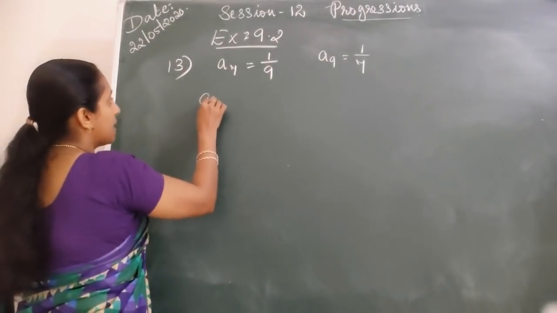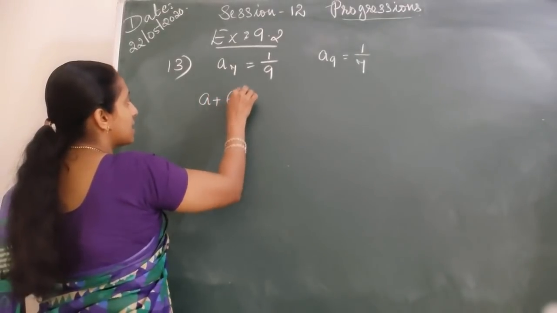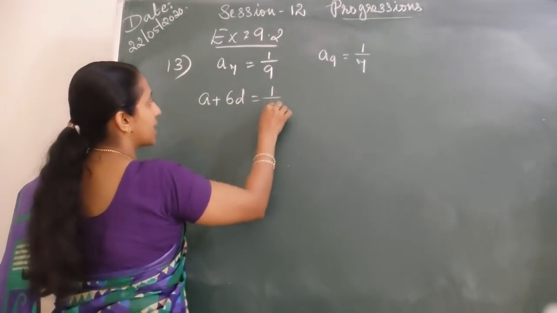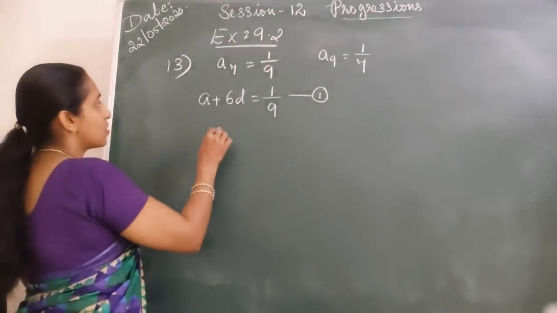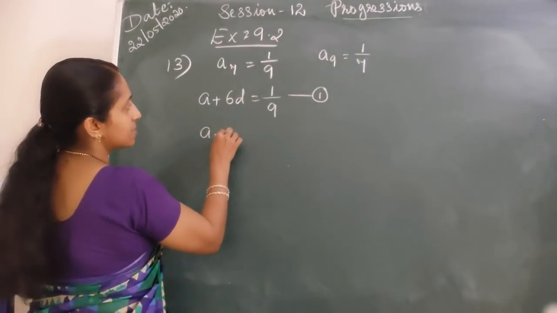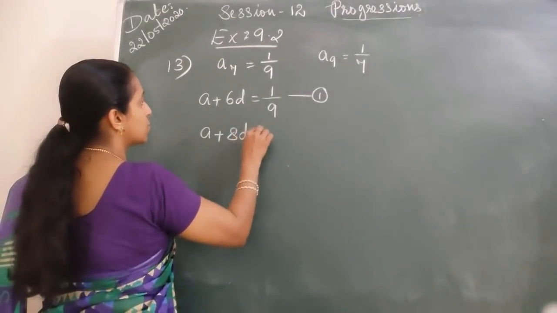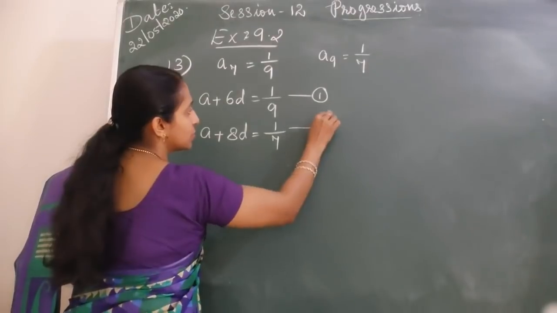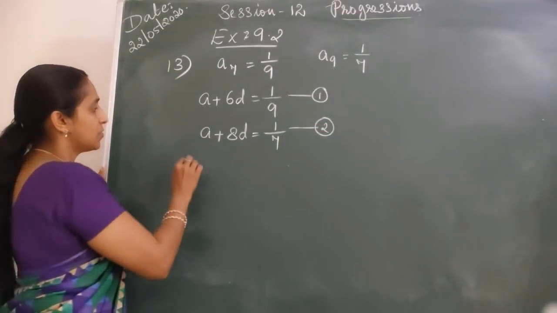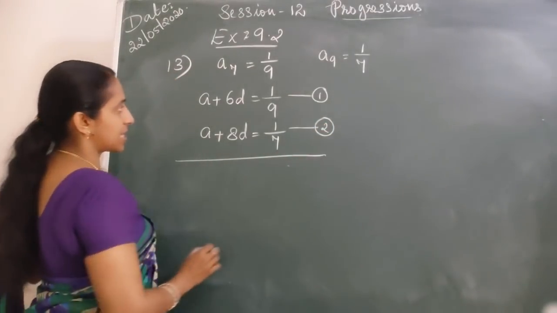That is A plus 6D equal to 1 by 9, as well as A plus 8D equal to 1 by 7. So you are having two equations.